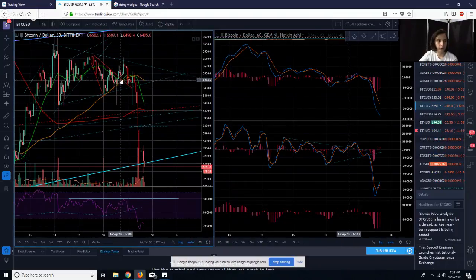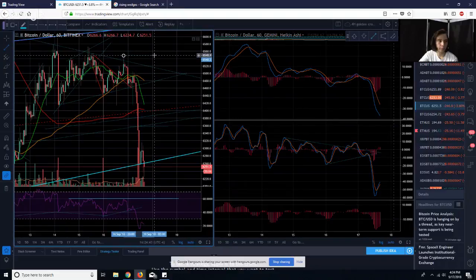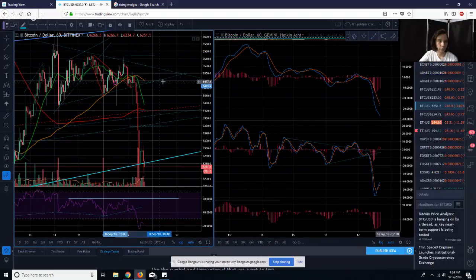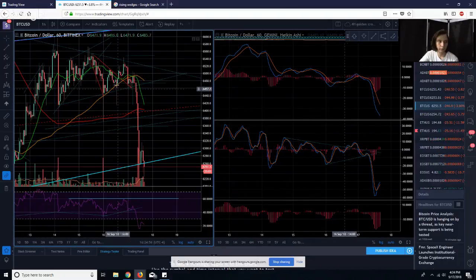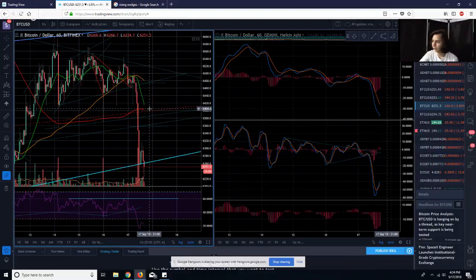Depends what kind of trader you are. And if you were shorting, because if we went above this, it means that we were still in the uptrend. If we went below this right here, it means that we were still in a downtrend. In this case, your winning trade was a downtrend.